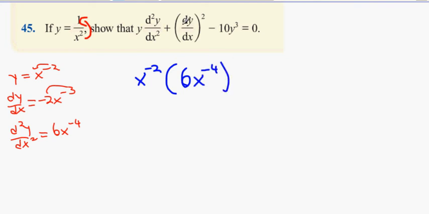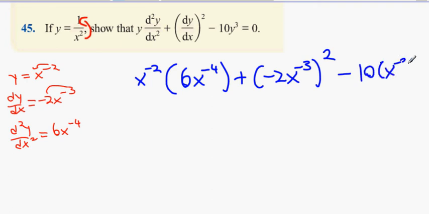Plus the first derivative squared, minus 2x to the minus 3 squared, minus 10y cubed, minus 10 times x to the minus 2 to the power of 3.